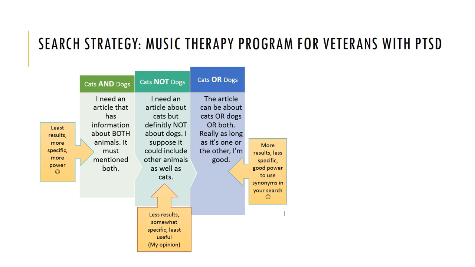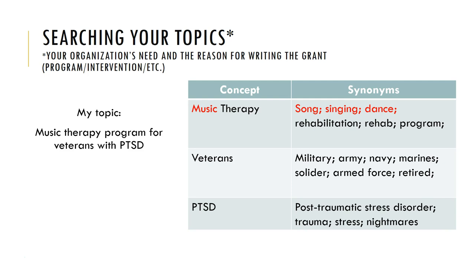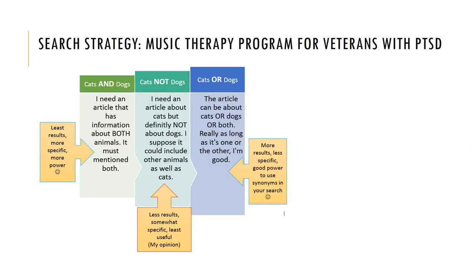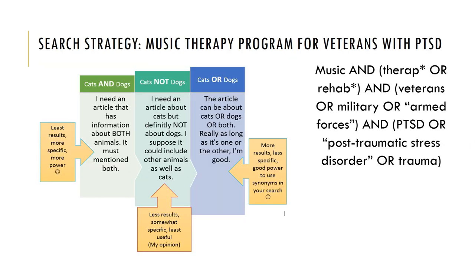So I could type that in and it includes other phrases or words that authors might use. So if we go back to my table real quick, the words going down are what you will AND and the words going across are what you will OR. Now let me show you how this actually works, an example from my topic.